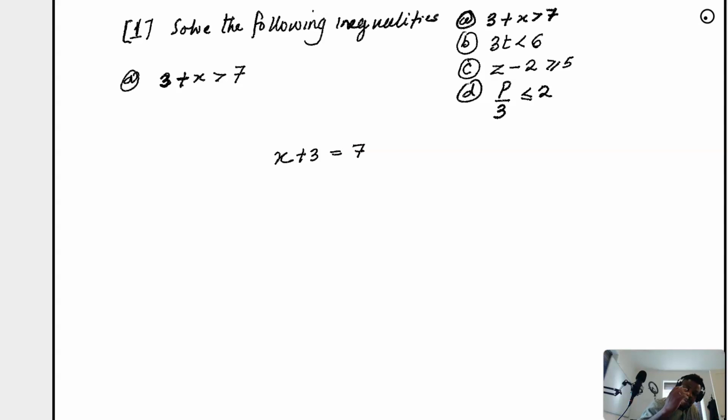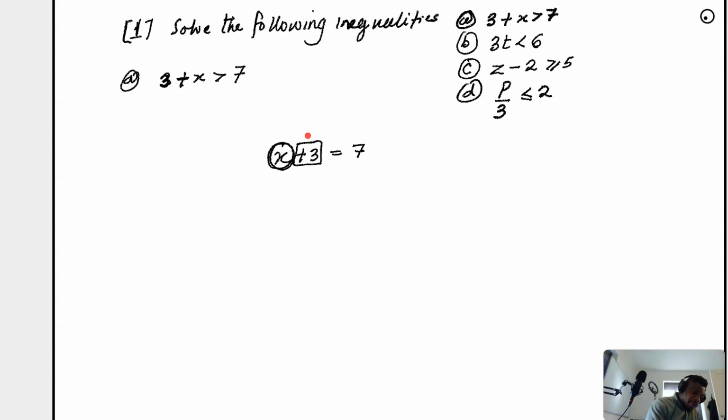In a linear equation, we want to solve for x, so that means we want only x to be on the left-hand side.